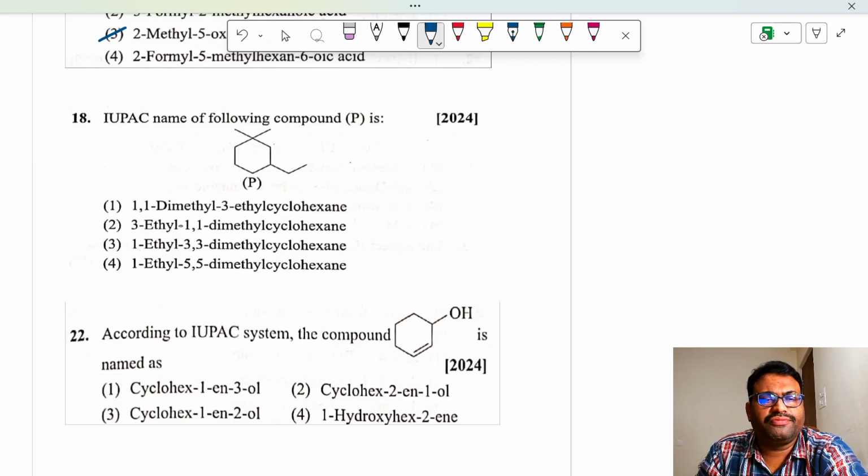Next, coming to question number 18. When it is asked in 2024. Now you are finding here what will be the parent chain. So the cyclohexane will be the parent chain. What is parent chain?